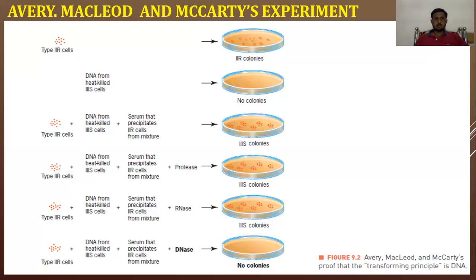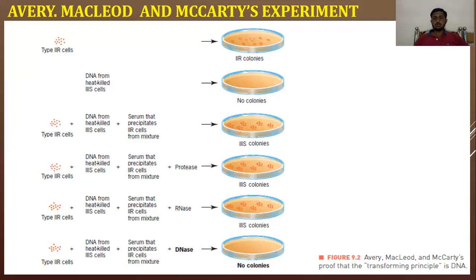These results help confirm that DNA is the material responsible for the transformation of a non-virulent strain to a virulent strain, the transfer of genetic information from one cell to another.